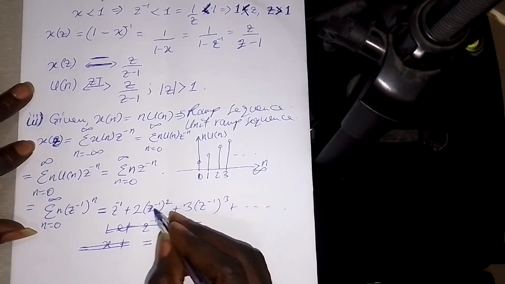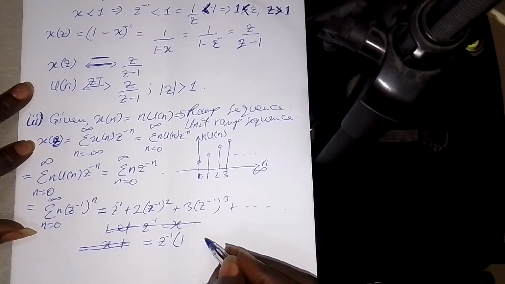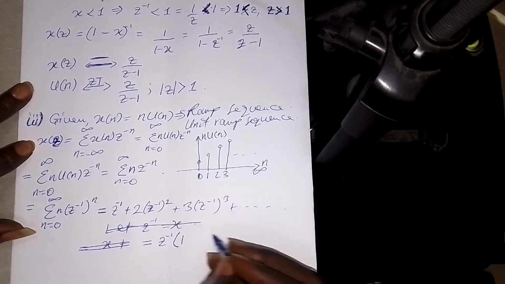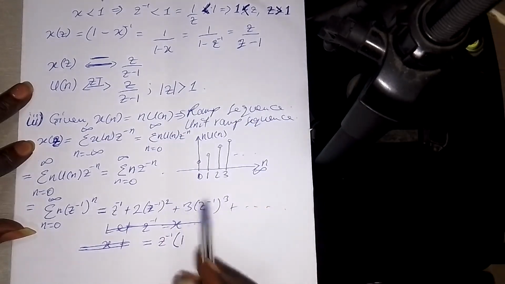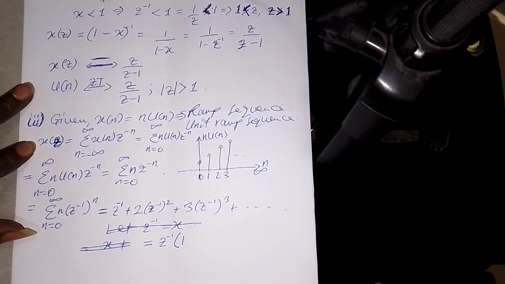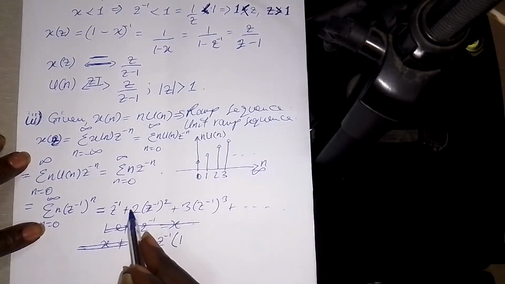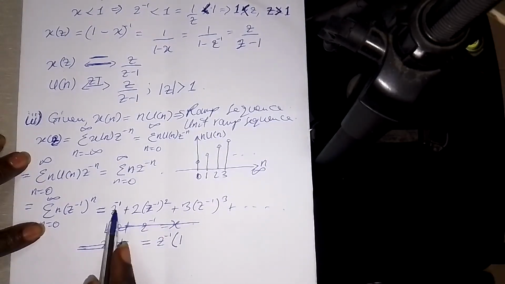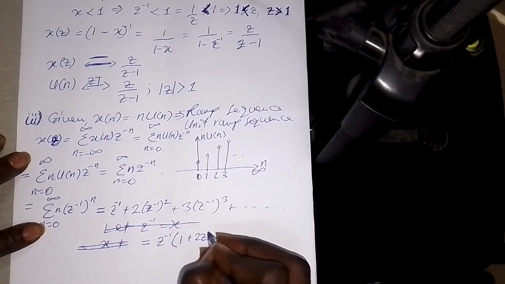And then here, if this guy comes out, I'll be left with 2z inverse.